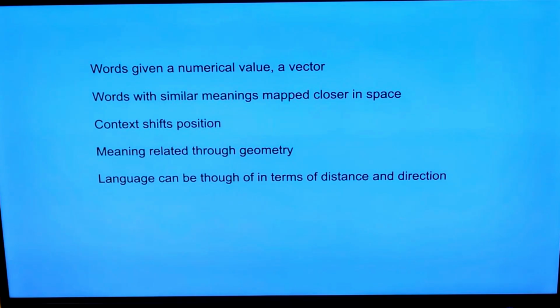Unfortunately, it's not 3 dimensions. There's many more dimensions. But if you think of mapping meanings in space, you can relate words in that. So large grey would be elephant. If you move in the smaller direction, you might get to a cat or a mouse or something. So you could kind of think of language in that way.